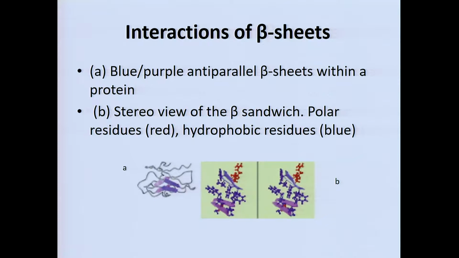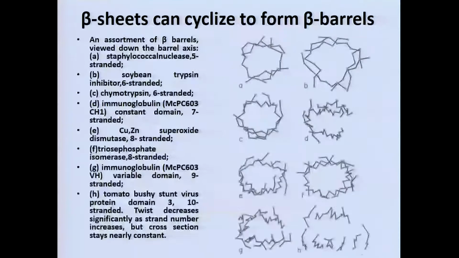That actually makes the hydrophobic core of the protein, and inside and outside it forms polar residues, which helps to stabilize the beta sheet by forming hydrogen bonding.